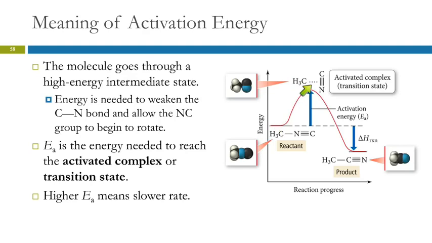So we get up here, and then it will go down and finish rearranging over here. So we need energy to weaken that carbon-nitrogen bond, this one right here, so that this part can rotate. Activation energy is needed to get there. The higher the activation energy, the slower the rate of the reaction.